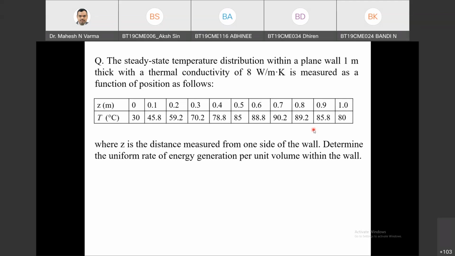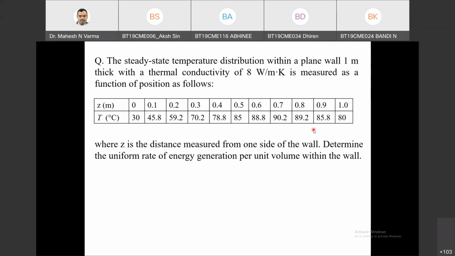Whatever heat got generated will flow out either from z equals 0 or z equals L, because we have neglected the x and y terms. So we can find q at x equals 0 plus q at x equals 0.6, and if we divide it by area, we get the heat generated per unit volume.